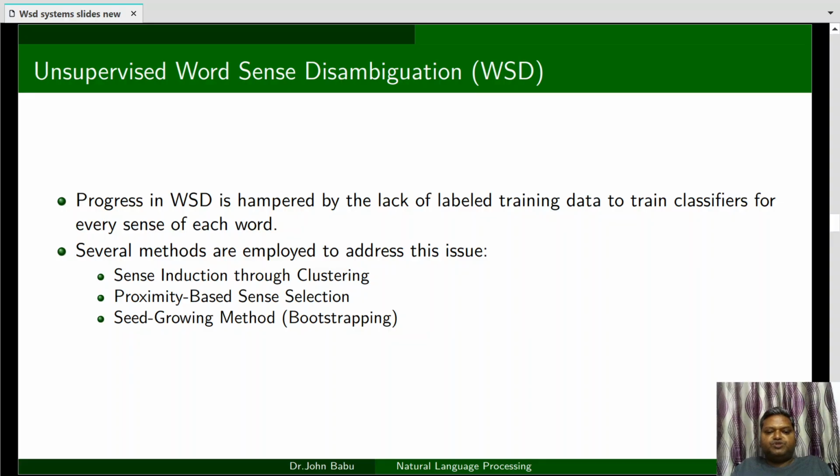So because we don't have labeled data, the obvious solution is going for unsupervised methods.